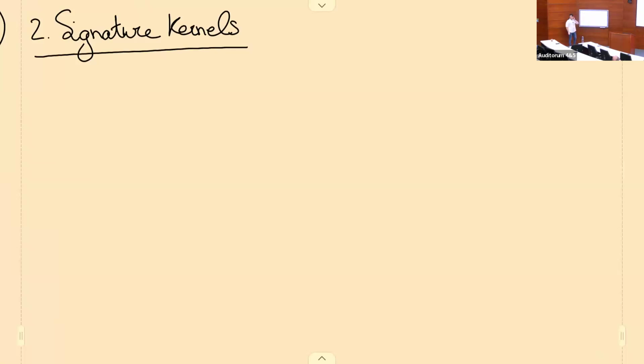Part 2 is signature kernels. Jack already mentioned something about signature kernels yesterday, and Christian, of course, mentioned a lot about RKHSs yesterday. So kernels are a class of mathematical objects that are at the core of several machine learning algorithms that are more or less mainstream nowadays.